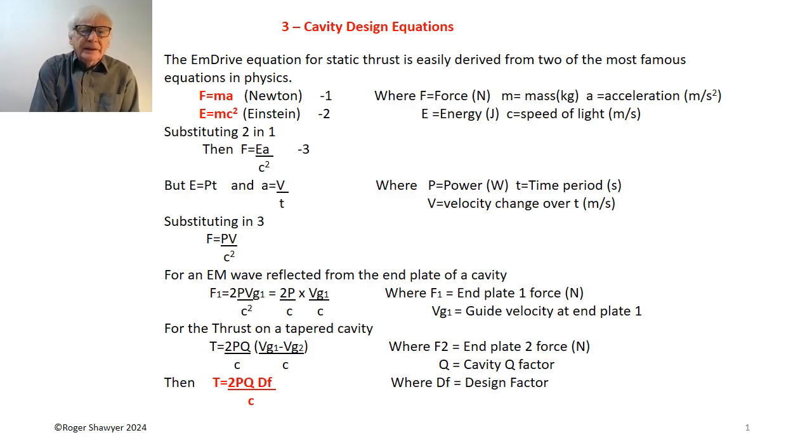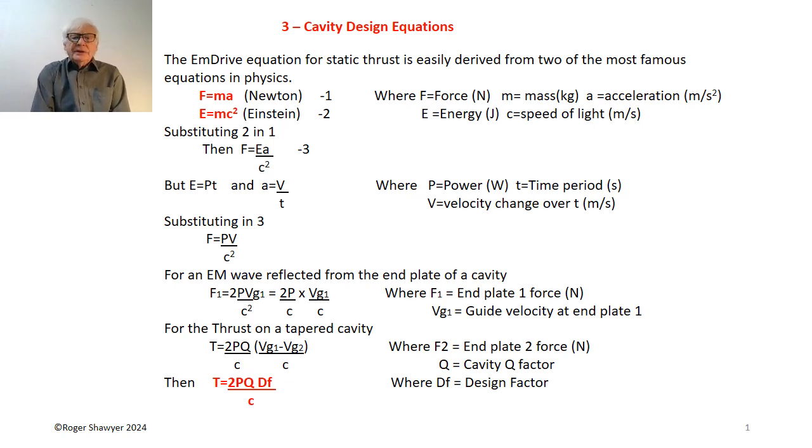Now, if we have two plates and we take the difference in the force on these two plates and we call that thrust T, we can see that T is equal to 2P over c times Q, where Q is the number of reflections that are taking place, times the force from each pair of reflections, which is Vg1 minus Vg2 over c.